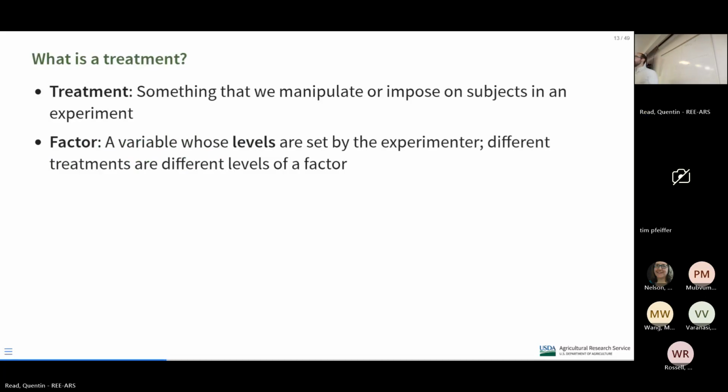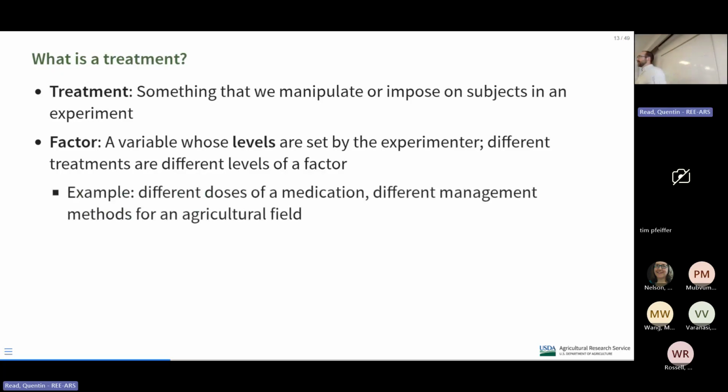And many treatments in experiments are in the form of factors. Different treatments are different levels of a factor. A factor is a variable that we do not necessarily measure. We actually set it; the experimenter sets the levels of that variable.